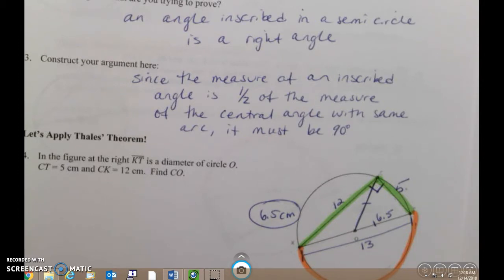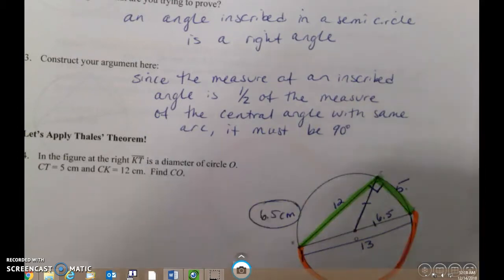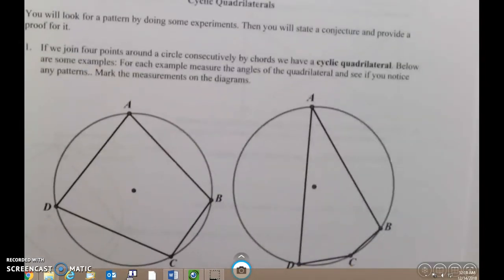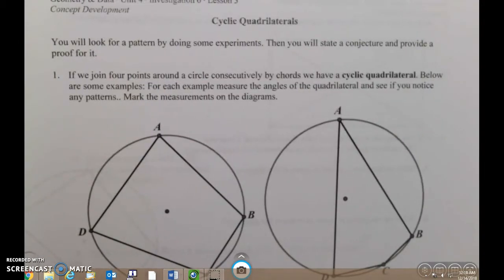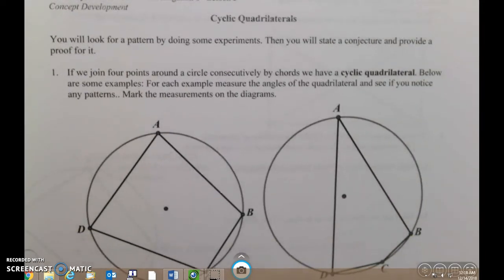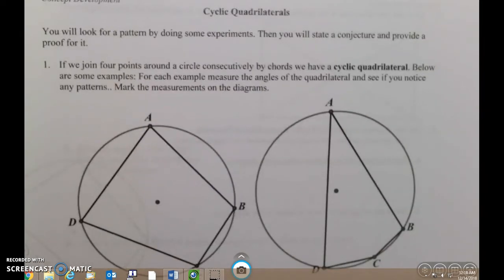There's some more examples for you to try on pages 104, 105. The last thing I want to mention briefly is something called cyclic quadrilaterals. And this is on page 107 in your book. A cyclic quadrilateral is formed if we join 4 points around a circle consecutively by chords.